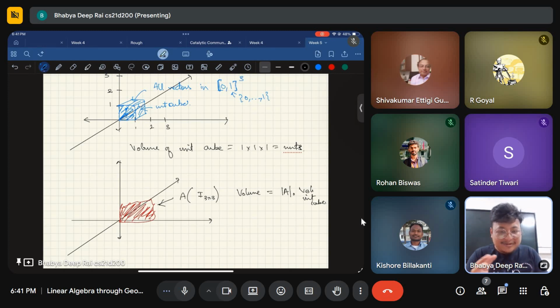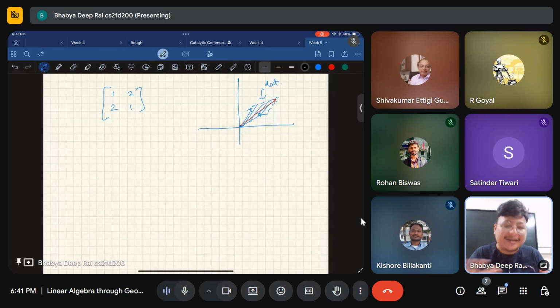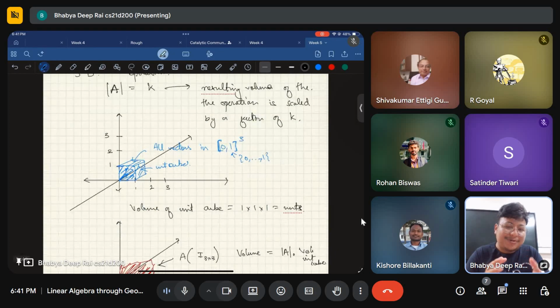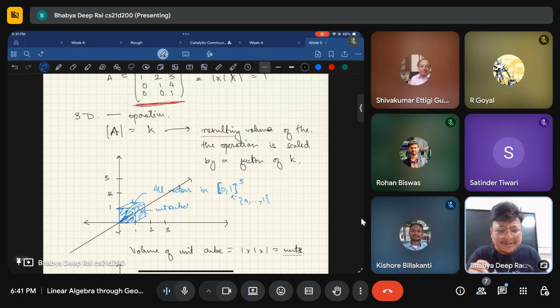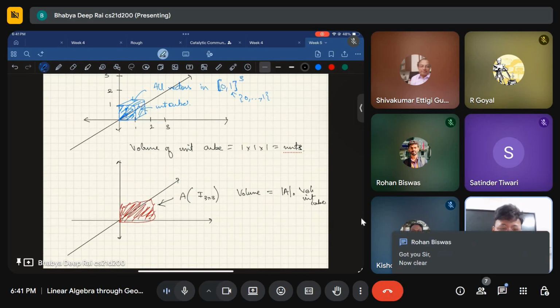Now, why is this happening? If you prefer this definition, then it is happening because of this. You can try it offline: consider all the vectors sitting inside and look at their displacement on applying this matrix. I want to take the unit cube because when you multiply it with the unit cube, things become much simpler when you look into the proof.